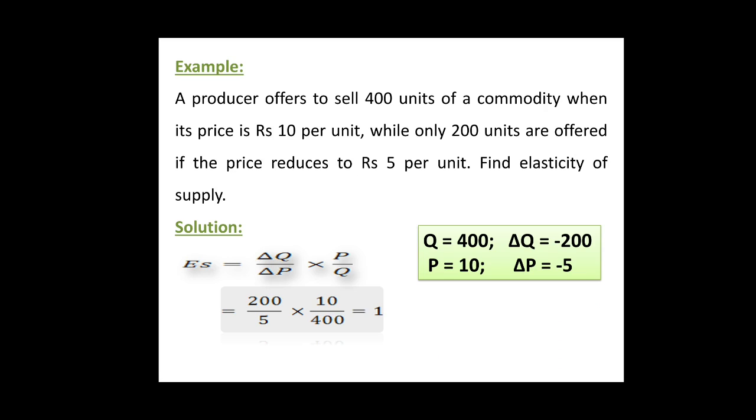That is, we have to find whether the elasticity of supply is greater than 1, less than 1, equal to 1, equal to 0, or equal to infinite. So how we can do it?